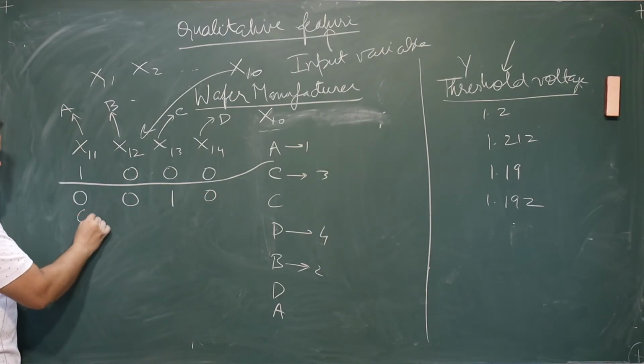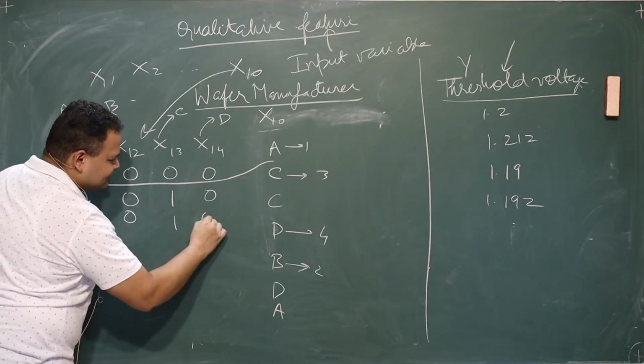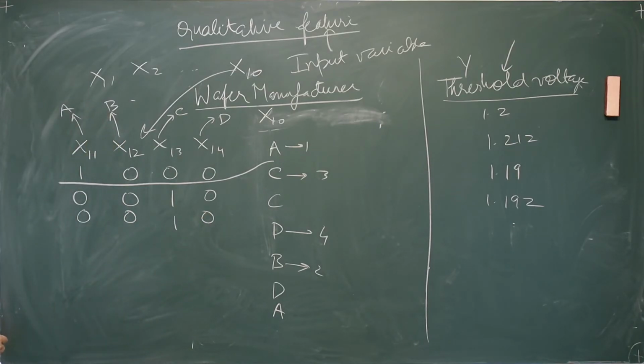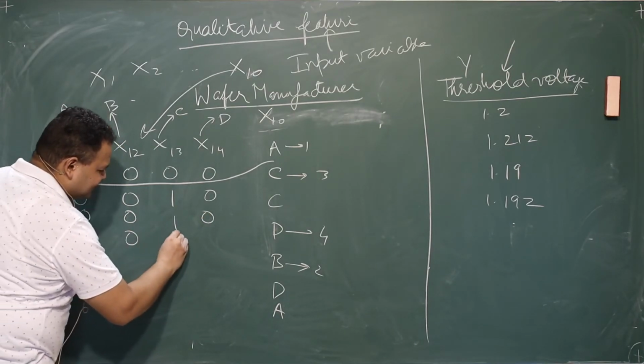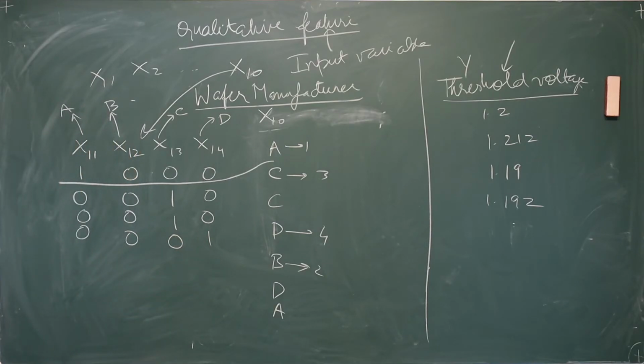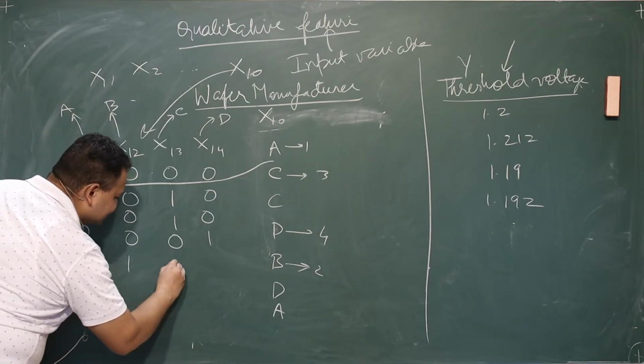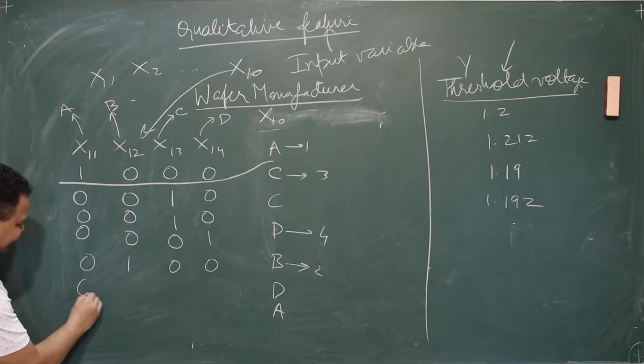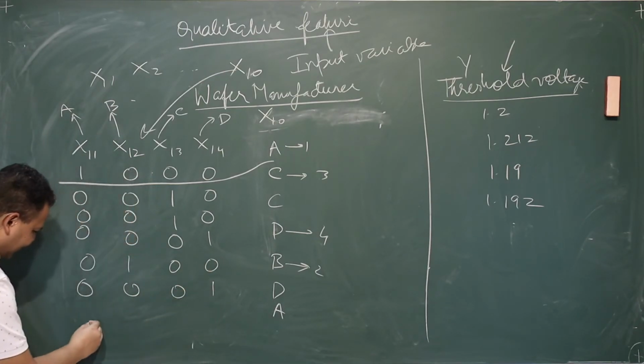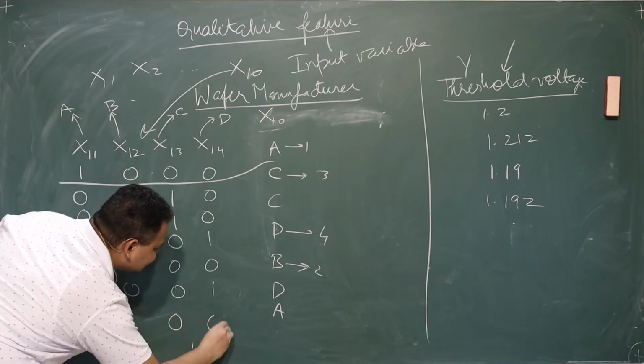What is the third row going to be? 0 0 1 0. What is the fourth row going to be? 0 0 0 1. What is the fifth row? 0 1 0 0. Again 0 0 0 1 and 1 0 0 0.